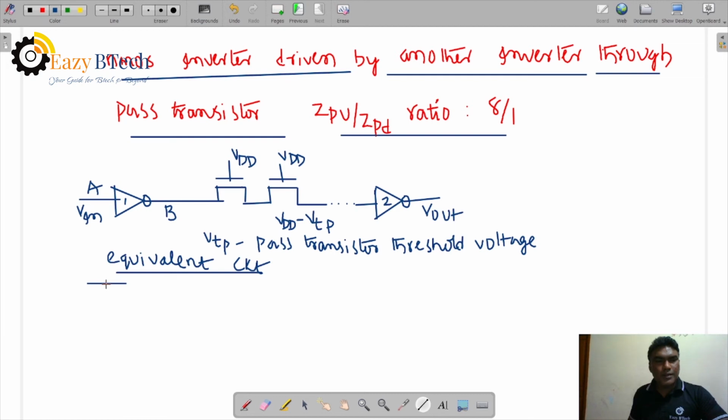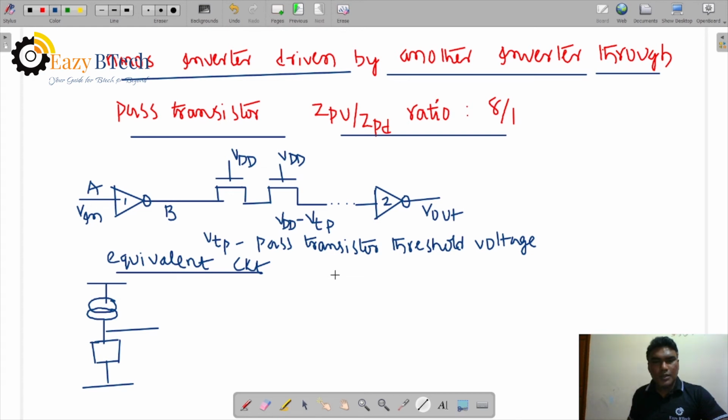It will be like this. It's a depletion mode transistor and an enhancement mode transistor. Output.